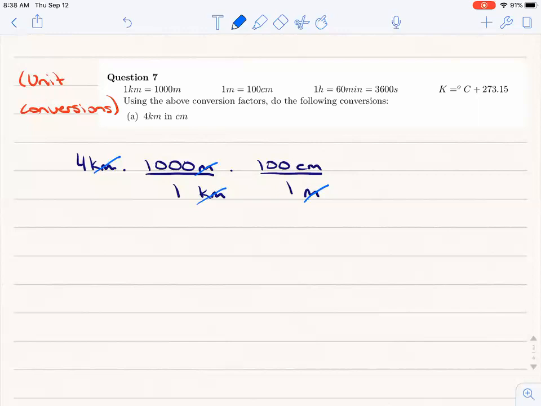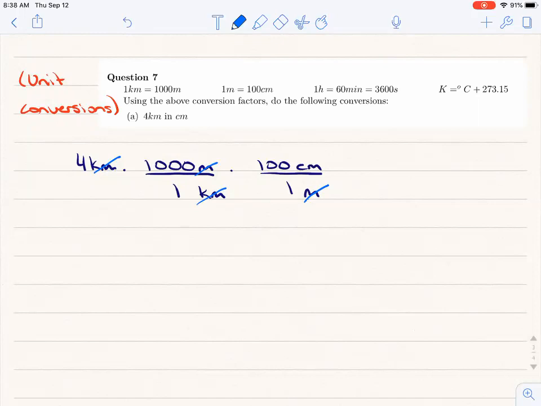And I know it sounds kind of silly, but this is the concept that Rick was telling me your predecessors have not quite mastered. This kind of thinking, that I can bounce through different conversions until I get to what I want, as long as you keep track of it: there's 1,000 meters per kilometer, there's 100 centimeters per meter.